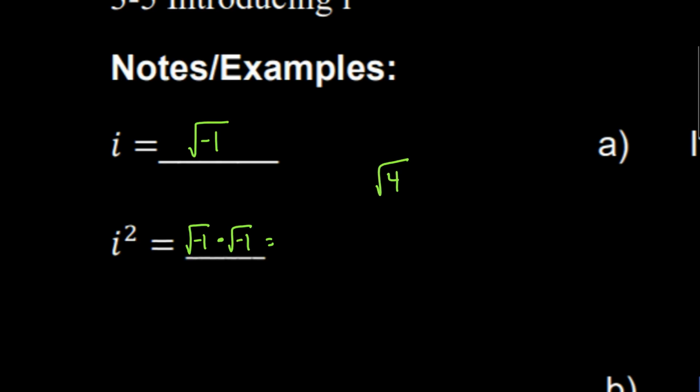What is the square root of 4 times the square root of 4? 16. Oh, wait, never mind. 4. A square root times itself is just what? The number inside of the square root. So what is the square root of negative 1 times the square root of negative 1? Negative 1. So when you square an imaginary number, what happens?